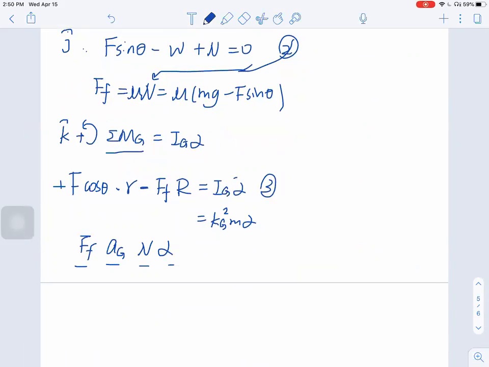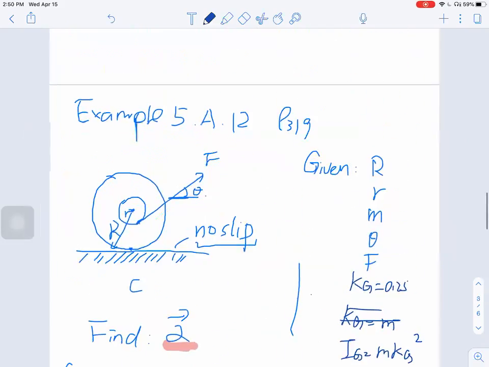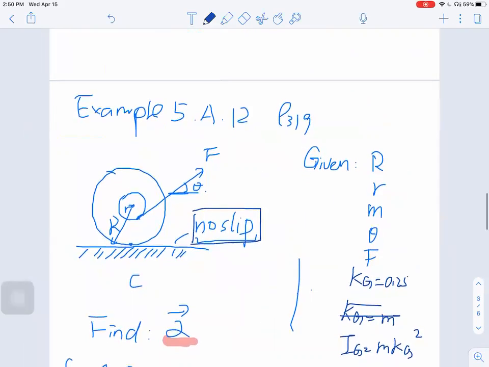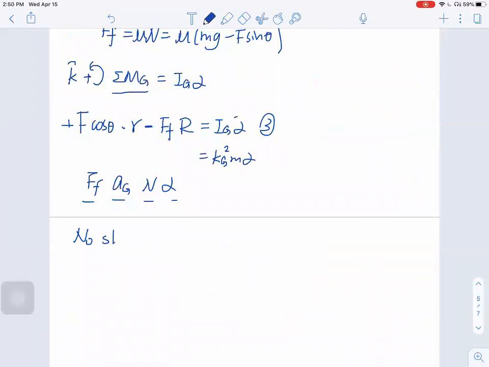That means we need to find one more equation. And how do we find that equation? It's to use the no slip condition. This problem tells you there's no slip, so that can give us some useful information about the acceleration of G. So the no slip condition tells us aG equals alpha times R, the radius.